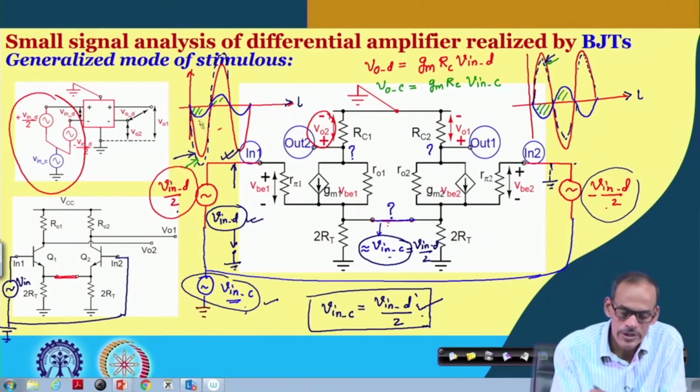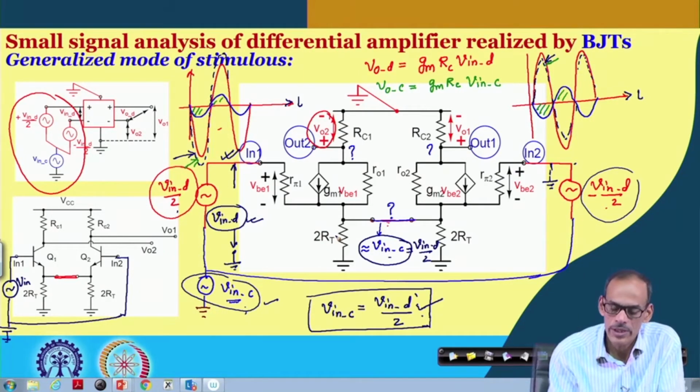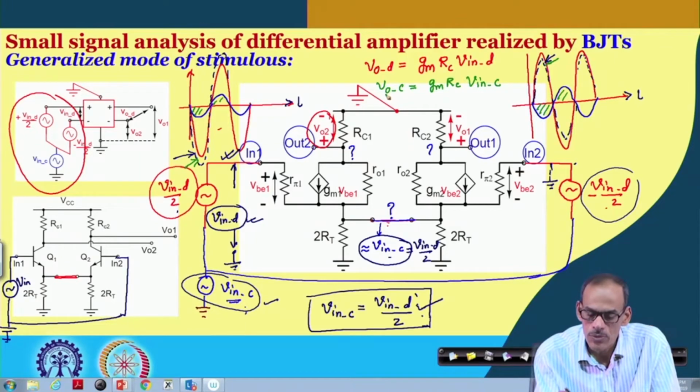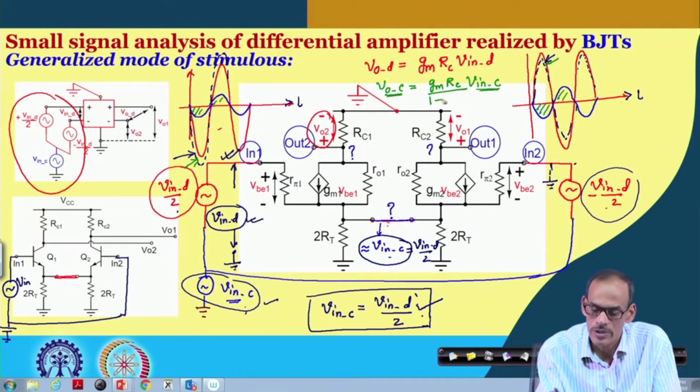And the corresponding signal here, because the common mode gain and differential mode gain are quite different. Sorry, I have committed a mistake here. VOC will be V in C multiplied by GM into RC divided by 1 plus 2 GM into RT.